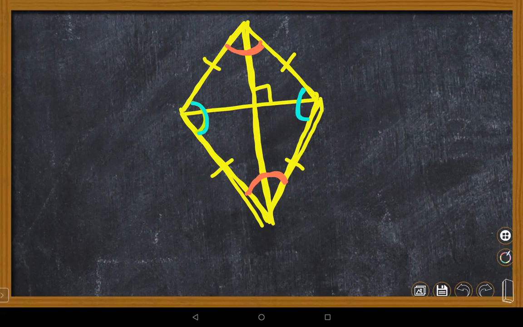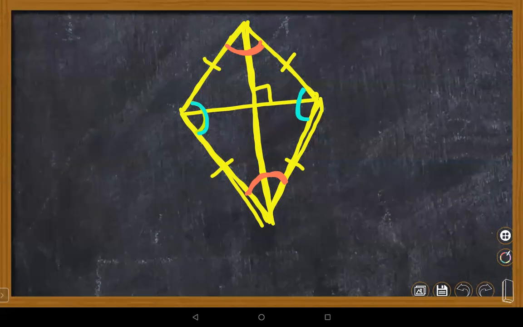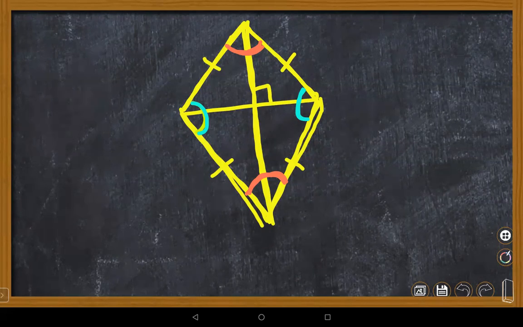Same as a square, opposite sides are parallel. The diagonals are perpendicular and bisect each other, and opposite angles are equal. Exactly. That's enough to remember: diagonals bisect each other at right angles, opposite angles are equal, and opposite sides are equal and parallel.